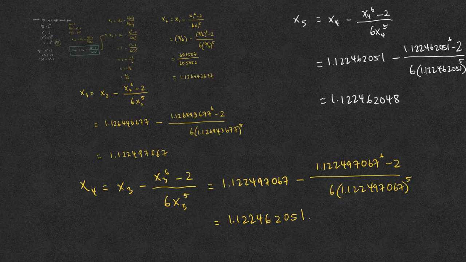1.122462048. We have been rounding all these numbers to 9 decimal places, but observe that if we round to 8 decimal places, x sub 5 is 1.1224620, which matches x sub 4 up to 8 decimal places.